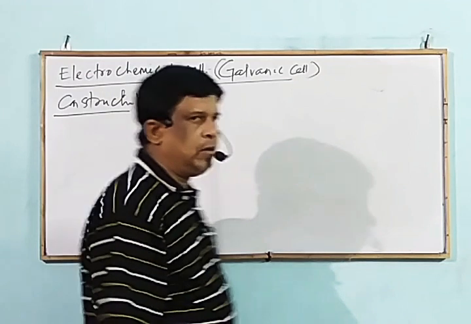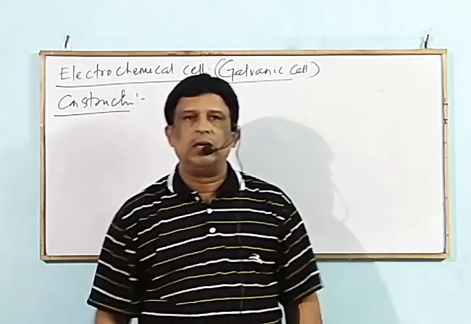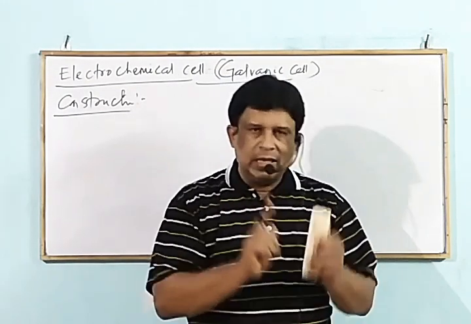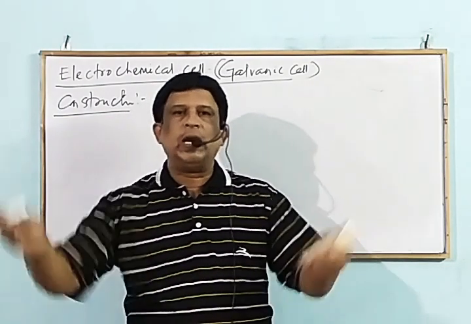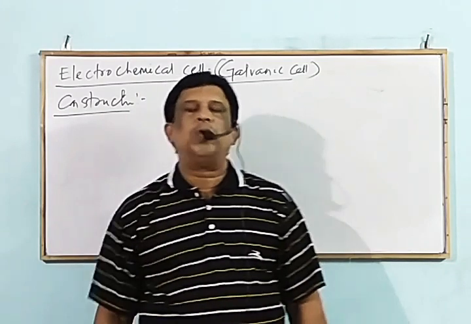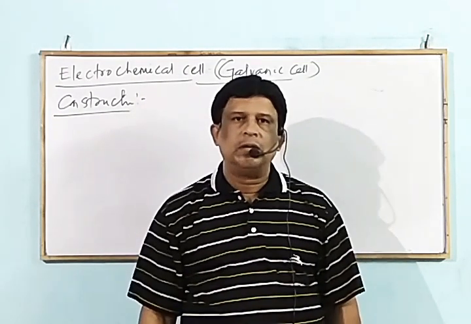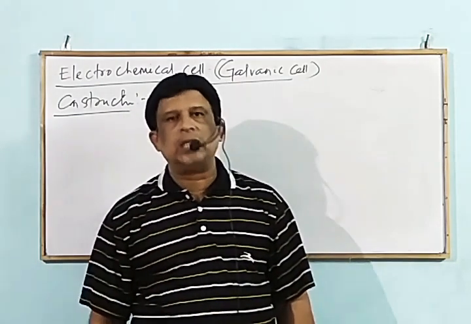Construction of the cell. This cell consists of two half cells, two different beakers, one zinc rod, one copper rod, some insulated copper wire, connecting wire, one ammeter or voltmeter to identify the flow of current. Next, one inverted U-shaped glass tube known as salt bridge.